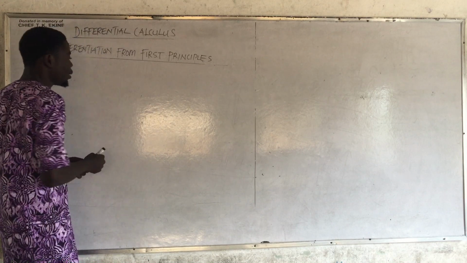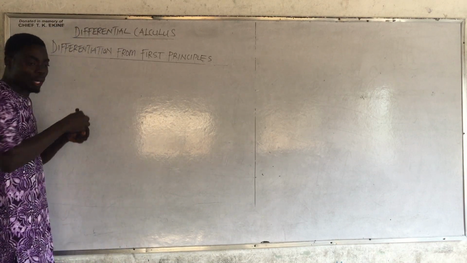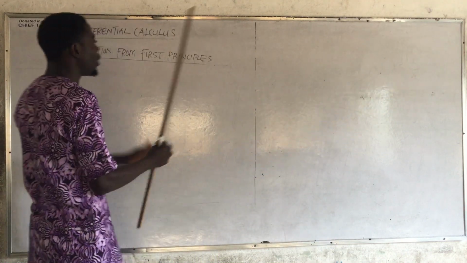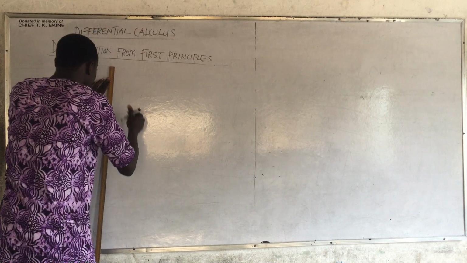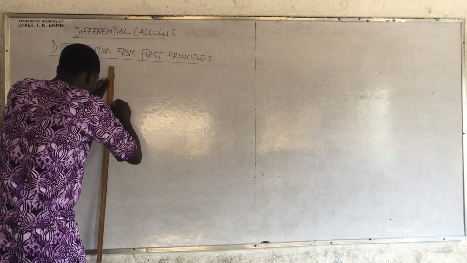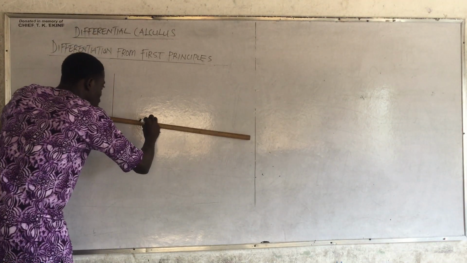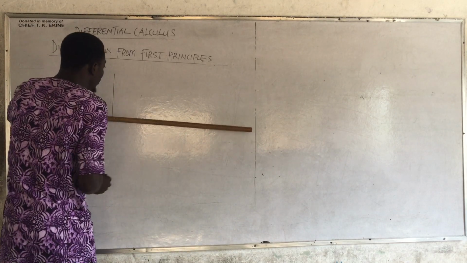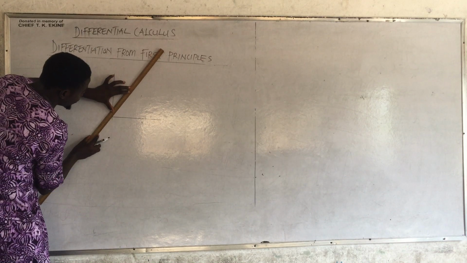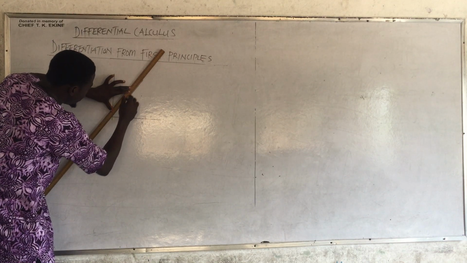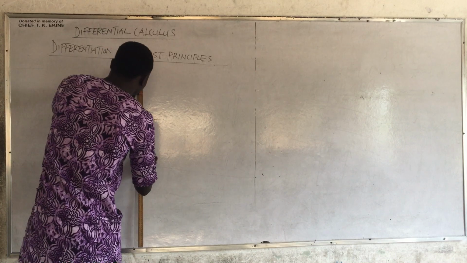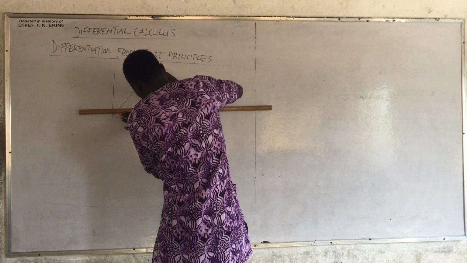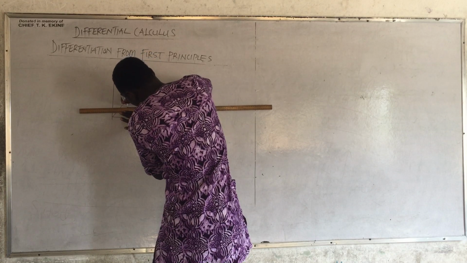If you have a point like A, for instance, take note, we said that our slope or gradient is the ratio of the change in y-axis over the change in x-axis. So if that is the case, from first principle, we need to know our coordinates.